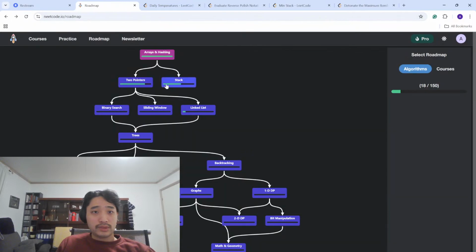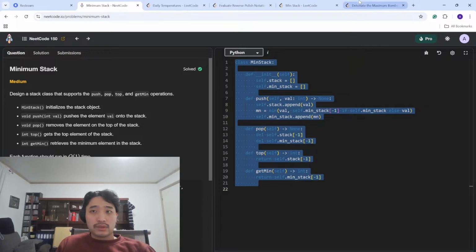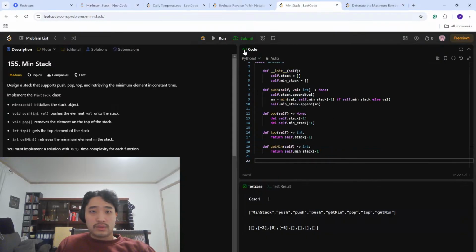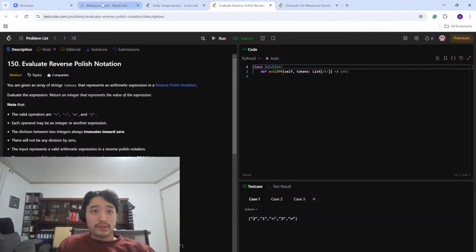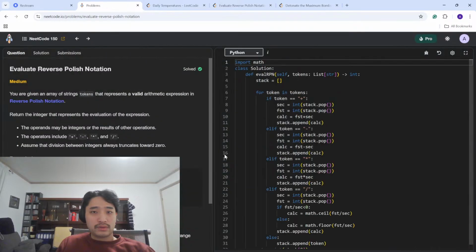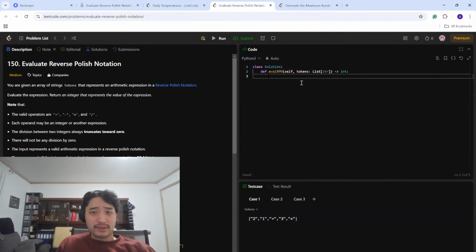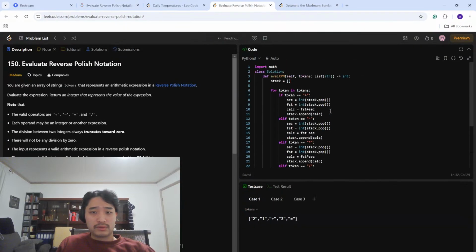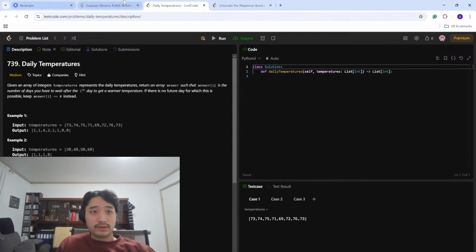I have not solved a min stack. Apparently. Right, I have not done eval of. This is such a bad call. I remember I was so mad at myself for that. Right, then we have this, and daily temperature I haven't done either.